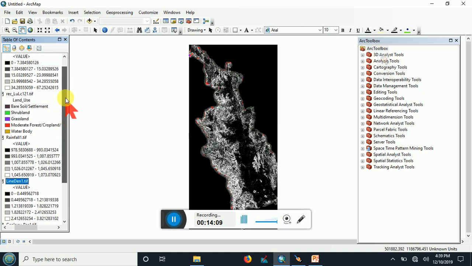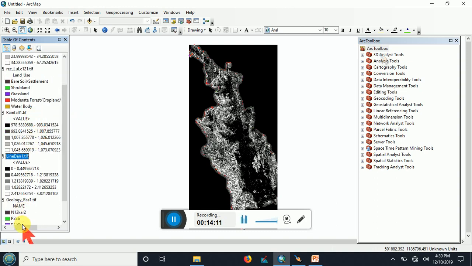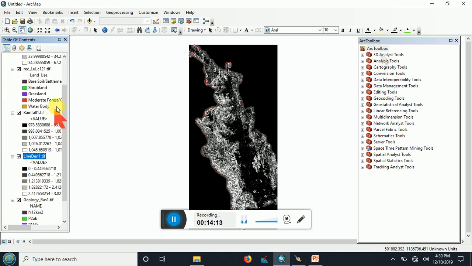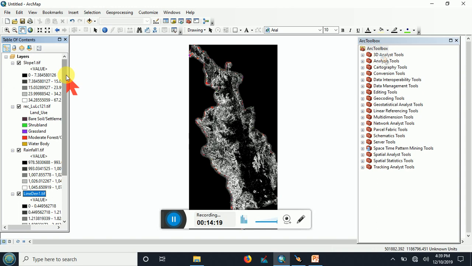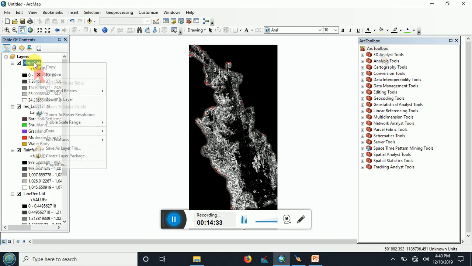Now we all have the classified thematic maps for the 5 factors: the slope, rainfall, land cover, alignment density, and geology. That is the first step that you have to do just to start your work. But for example, try to open the attribute table of this slope.